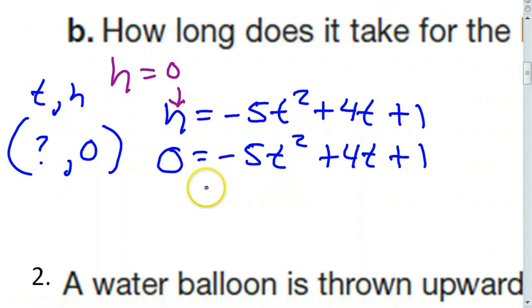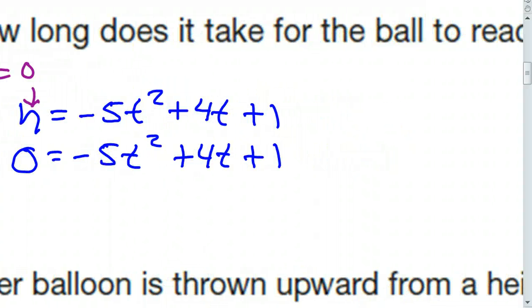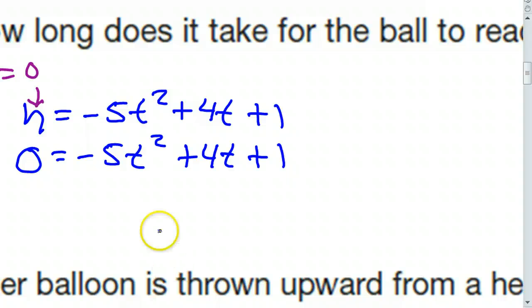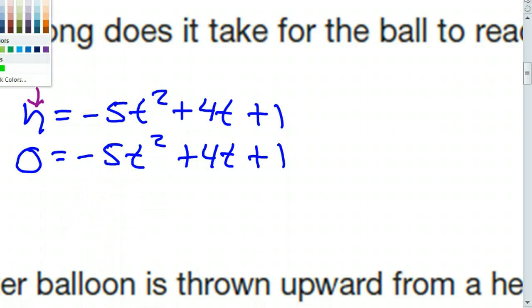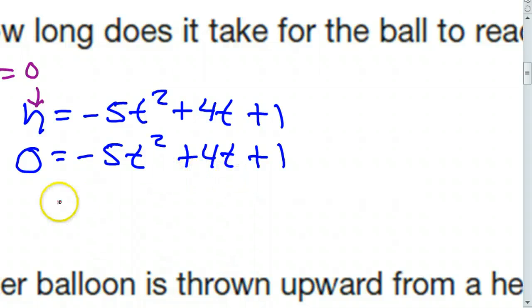So let's see if this is factorable. If it's not factorable, then we'll have to use the quadratic formula. In fact, we're learning about the quadratic formula right now, so let's just go ahead and use the quadratic formula immediately. The first step of solving this using the quadratic formula is go ahead and find the discriminant, b squared minus 4ac.